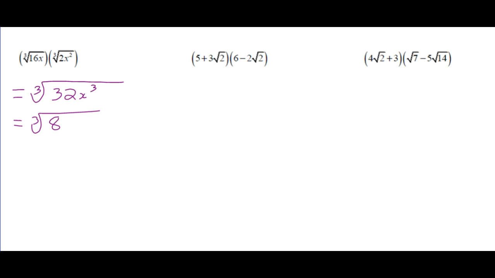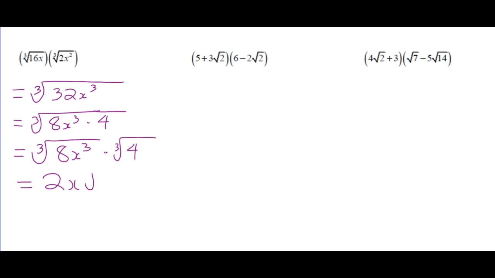So it's going to be the cube root of 8x cubed times 4, which is the cube root of 8x cubed, because that has a cube root, times the cube root of 4. So that's 2x cube root 4. There's not a whole lot to be gained one way or the other.